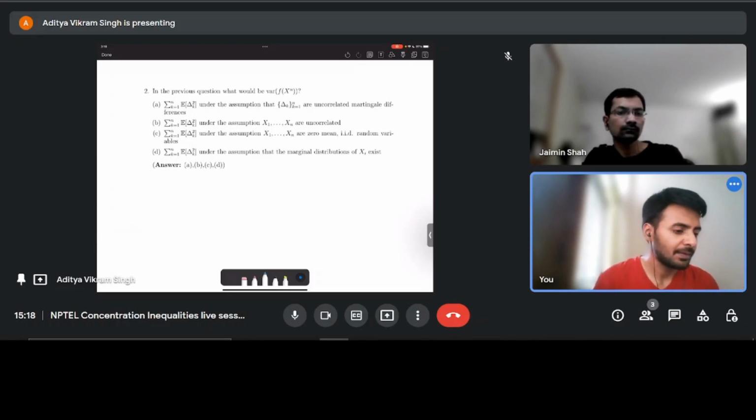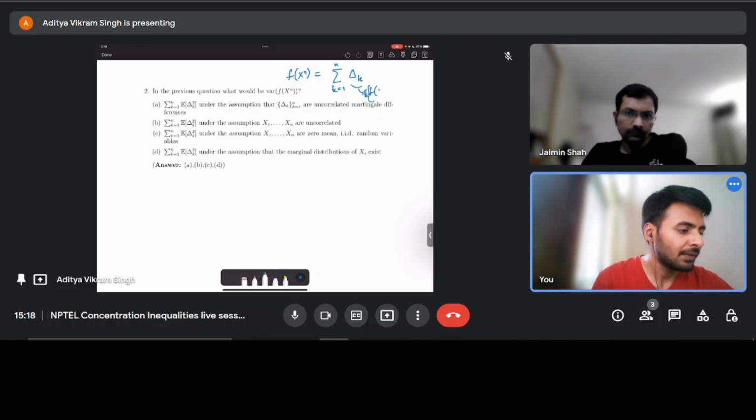You break this random variable f of xn into various parts: f of xn is the sum over k equals 1 to n of delta k, where delta k is the expected value of f of xn given x1 through xk, minus the expectation of f of xn given x1 through xk minus 1.